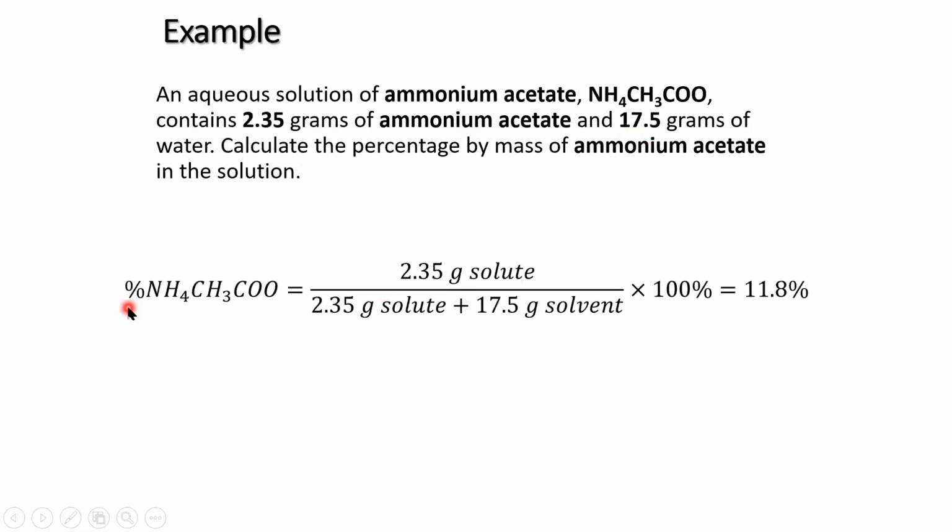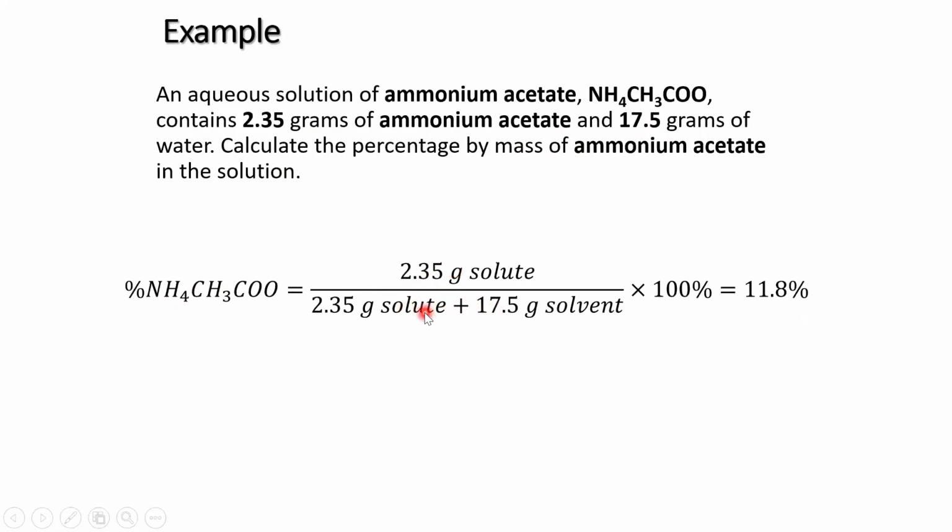So if we wanted to figure out the percent of ammonium acetate by mass, it would be the mass of the ammonium acetate, the 2.35 grams, divided by the total mass of the solution.